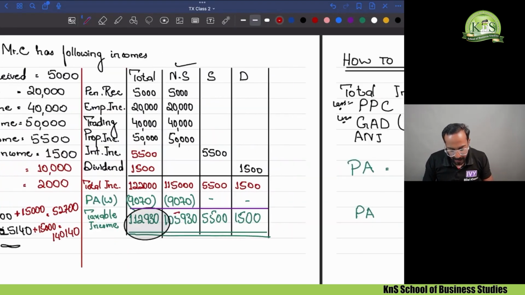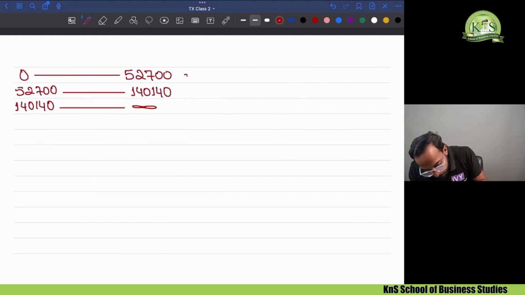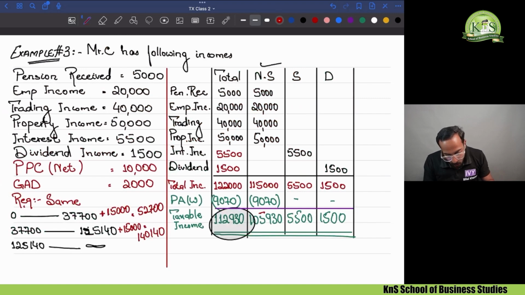1,05,930. Now you need to tax it. So 52,700 will be taxed at 20%, that is 10,540.